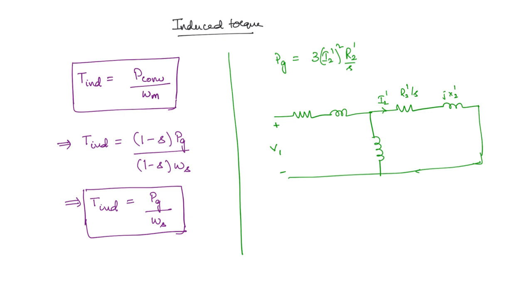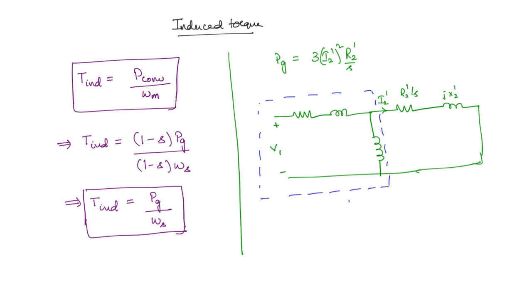Okay. So now how can we find I2 dash with respect to V1? I2 dash will vary with the load, and V1 is the supply voltage, which is the constant voltage that we give. So we would want to express this I2 dash in terms of a constant. We can use Thevenin's theorem here. This entire part of the circuit, we can replace by the Thevenin's equivalent.